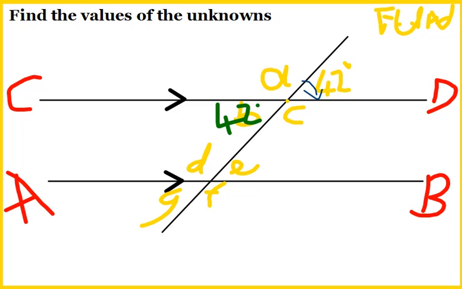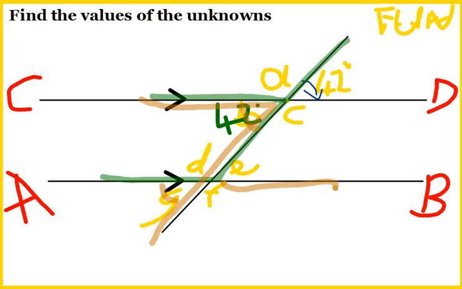corresponding angles. So let's just highlight our Fs. I can see an F that goes this way. I can also see an F that goes that way. So this and this are equal. I can see an F going, so let me use another different color. I can see an F going this way.